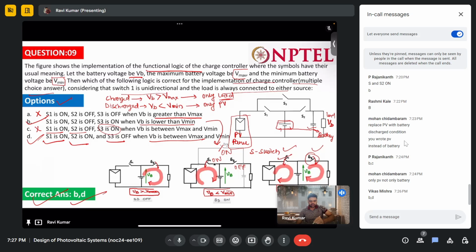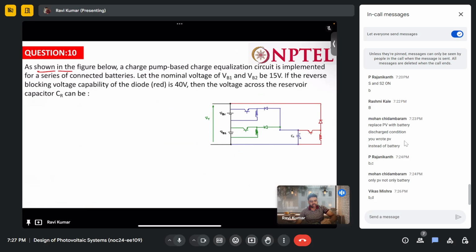As shown in the figure below, a charge pump based charge equalization circuit is implemented for a series connected battery. Nominal voltage of B1, B2 are 15 volt. If the reverse blocking voltage capability of the diode is 40 volt, then the voltage across the reservoir capacitor CR can be. These are the options.